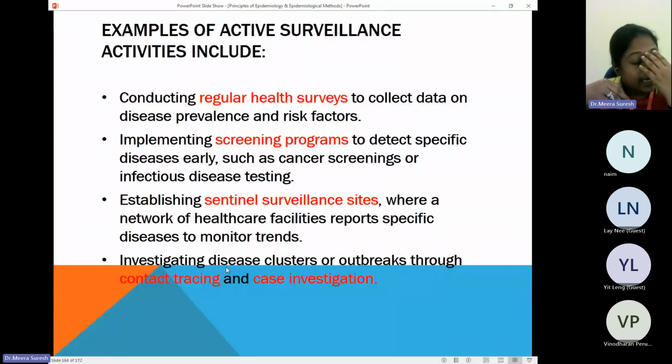And if you remember the tip of the iceberg that we discussed in epidemiology in one of the earlier PPTs, the tip of the iceberg always shows the clinical diseases which have clear manifestations. But the epidemiologist is always involved with the submerged portion, which is not visible. That submerged portion will be those people who don't have any symptoms.